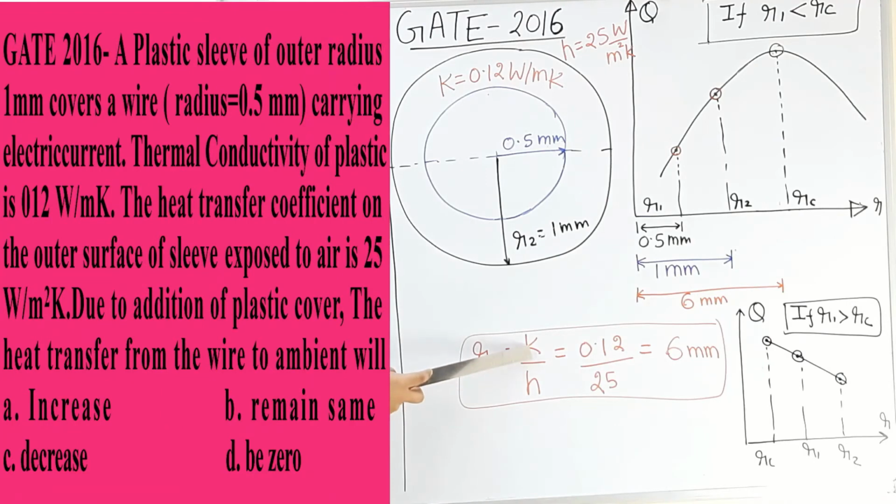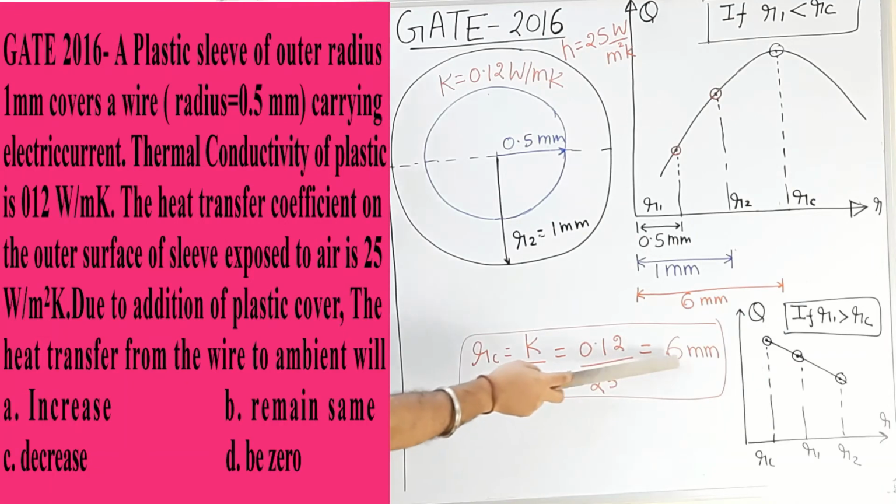The formula is K by H, where K is the thermal conductivity of the insulating material. So from the formula, the critical radius comes out to be 6 mm. Now we need to compare the critical radius with the radius of the wire. Okay, so we have to check whether R1 is greater than or smaller than RC.